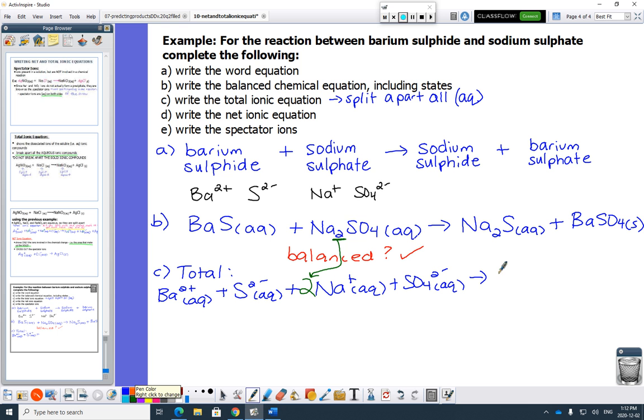We have 2 sodiums. And if you want, write the solid in a different color too. And I have to squish. Sorry. Do not split apart the solid, okay?